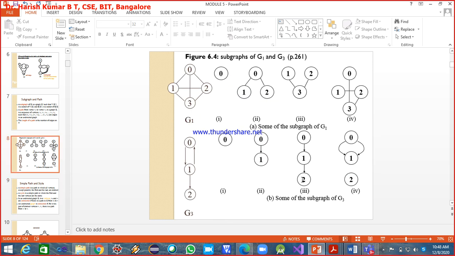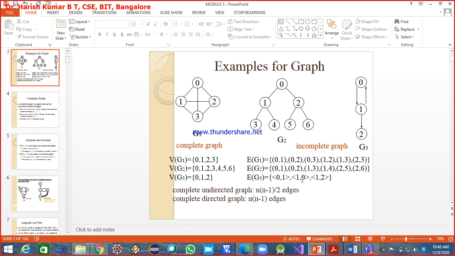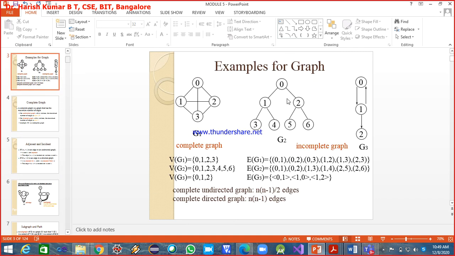Now if I just go back, this is an undirected graph. Is this a connected undirected graph? Yes, you can say it's a connected undirected graph. You take any two distinct vertices, say 1 and 6.